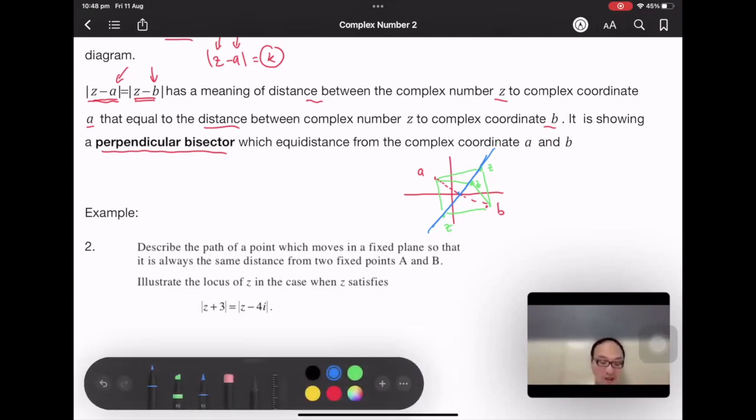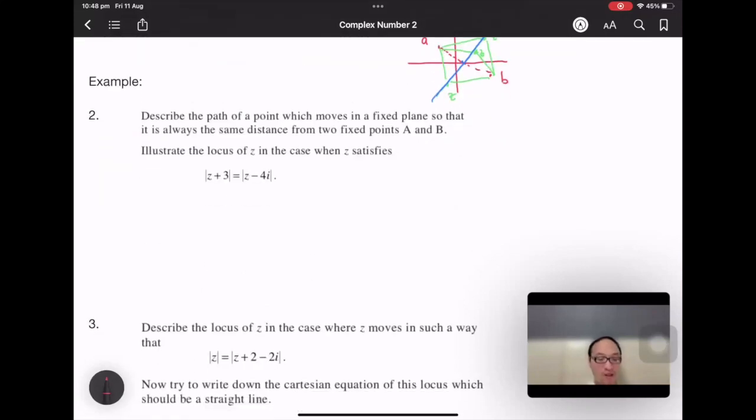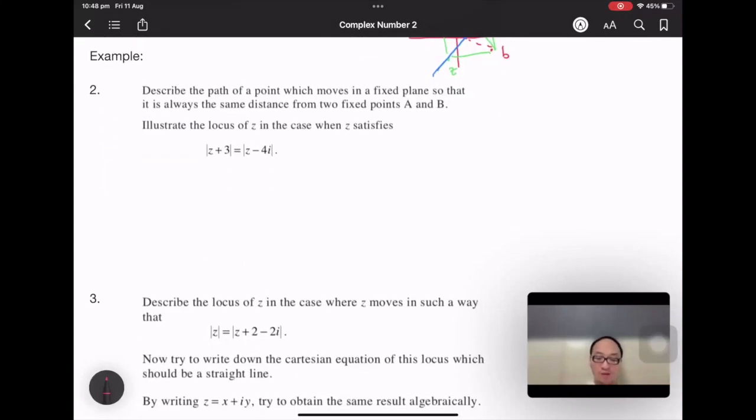So let's see the example. Describe the path of a point which moves in a fixed plane so that it is always the same distance from two fixed points A and B. In this case, Z plus 3, I can rewrite as Z minus minus 3 plus 0i. Z minus 4i is Z minus 0 plus 4i.